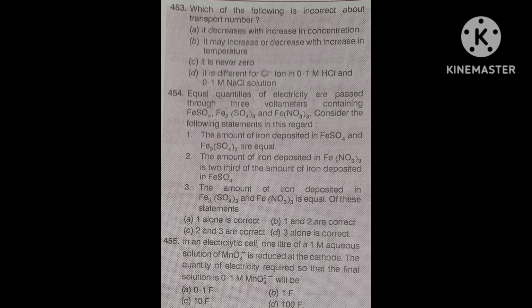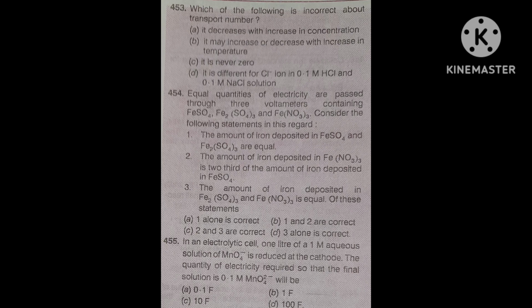That's why the question is asking the quantity of electricity required so that the final solution is 0.1 M MnO4 2 minus. Now you have seen that it is converting from MnO4 1 minus to MnO4 2 minus by taking 1 electron. This is the first step.